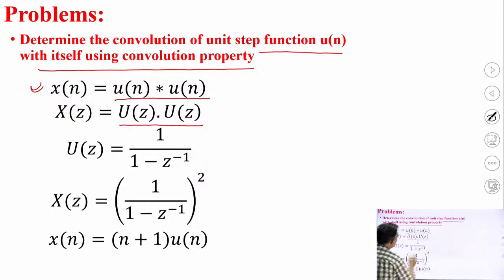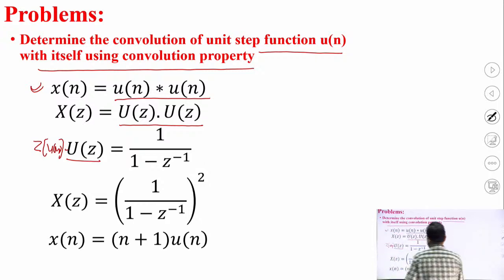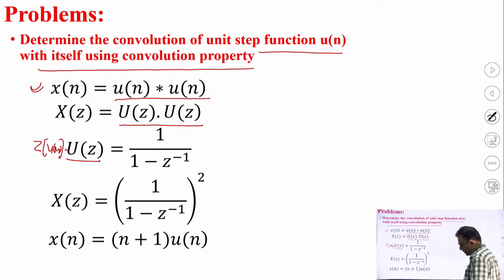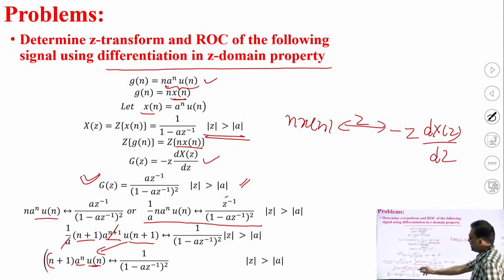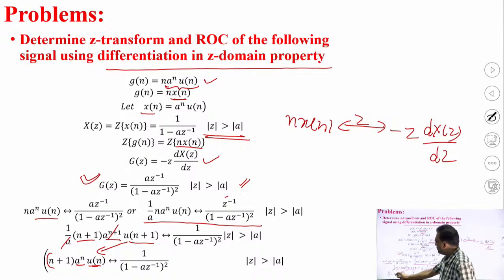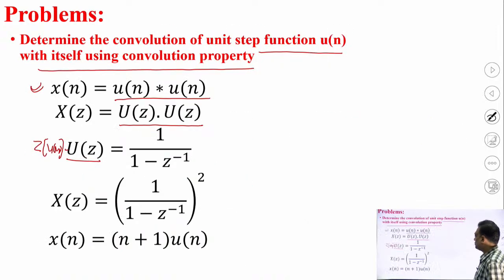So U(z) into U(z), where the Z transform of u[n] is 1 upon 1 minus Z to the power minus 1. So X(z) becomes 1 upon (1 minus Z to the power minus 1) whole square. From the formula we already saw, if a equals 1, then (n+1) u[n] corresponds to 1 upon (1 minus Z to the power minus 1) whole square. So the inverse Z transform is (n+1) u[n].